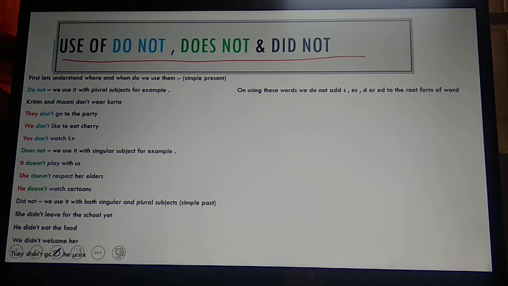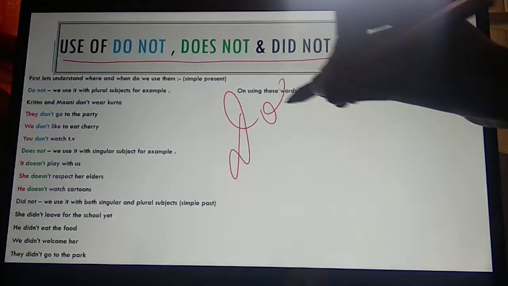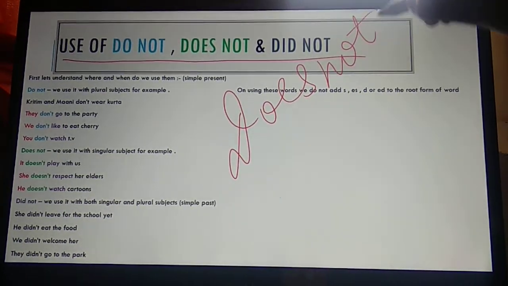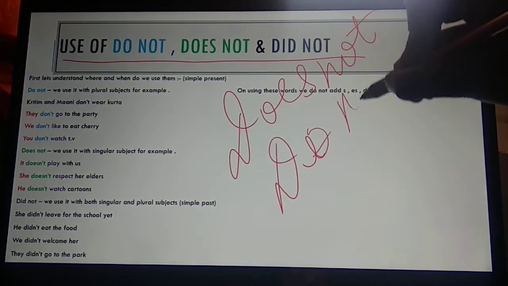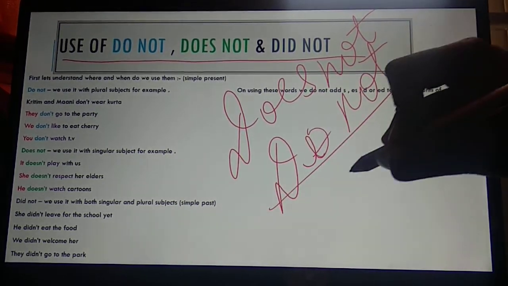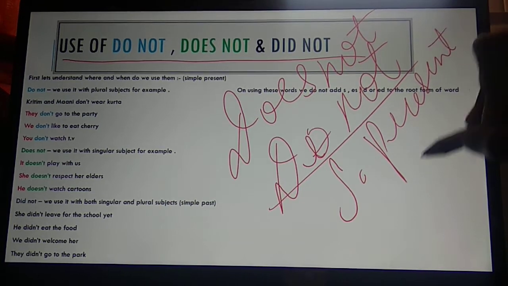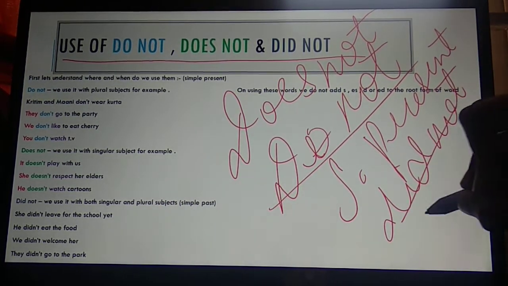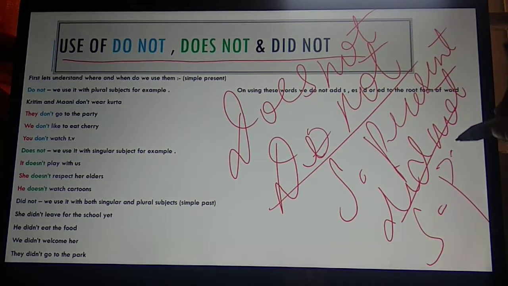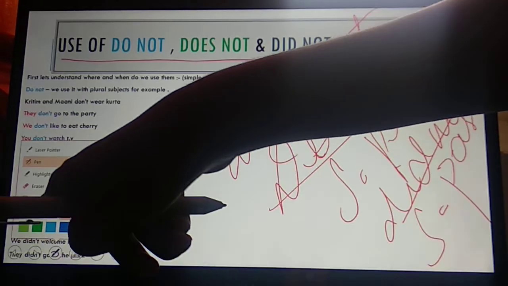Before I begin, I would like to tell you that does not and do not are used in simple present tense, while on the other hand did not is used in simple past tense. Always remember, note it down right now.